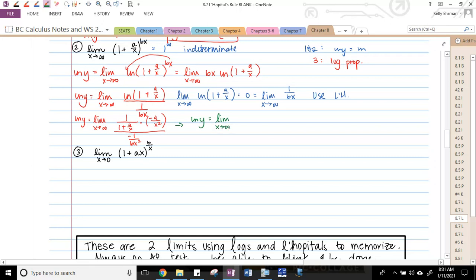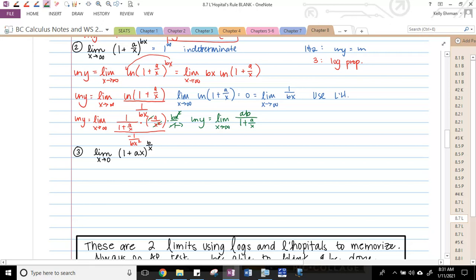It's easier to look at this way: you've got bx squared over negative 1, you could be multiplying up here. So the negatives cancel, the x squareds cancel. So you really just have ab over 1 plus a over x. So all of that ugliness does simplify quite a bit.